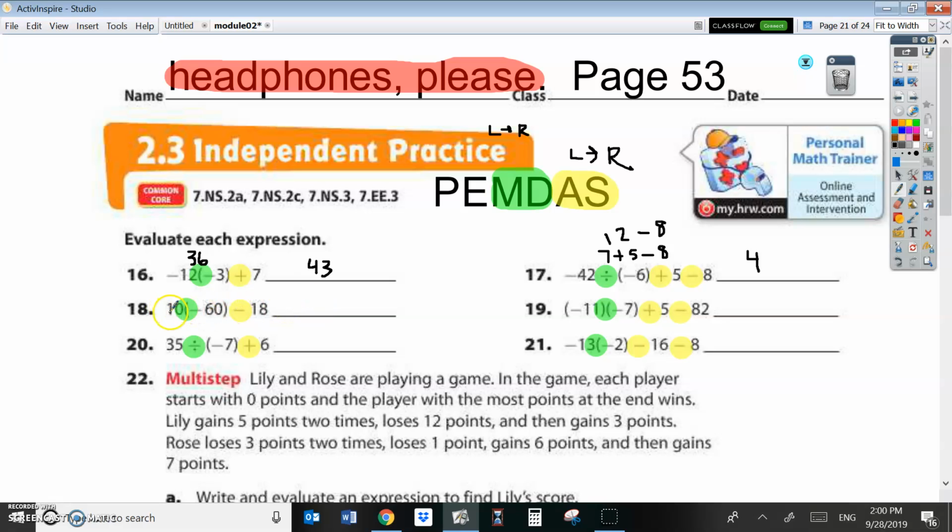Positive times a negative is a negative. Negative 60 minus 18. Remember, on a number line, here's 0, right? Here's negative 60. So negative 18 means you're going more negative still. So negative 78.